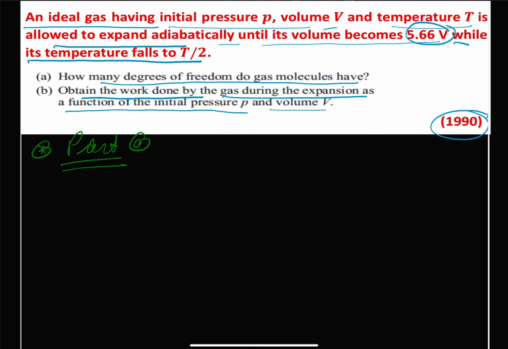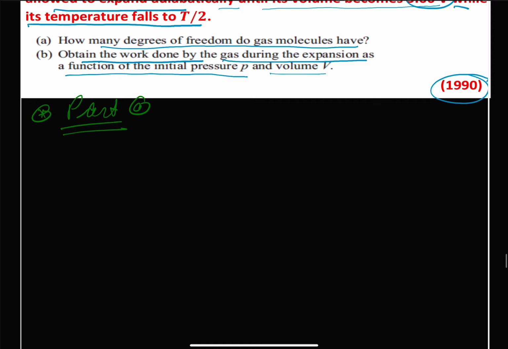And we are given it is an adiabatic process. So for an adiabatic process, we know that the product of temperature and volume raised to the power gamma minus 1, where gamma is the adiabatic index, is equal to a constant. Okay.